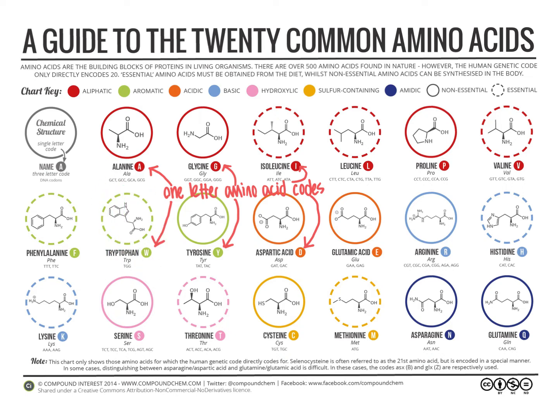Additionally, these molecules also go by three-letter abbreviations, which are sometimes used to represent the individual amino acids, or when listed in a series of three-letter abbreviations, represent a string of amino acids that are chemically bonded together to form ultimately a protein. So ALA here that I'm highlighting in the upper left-hand corner represents the three-letter code for alanine.